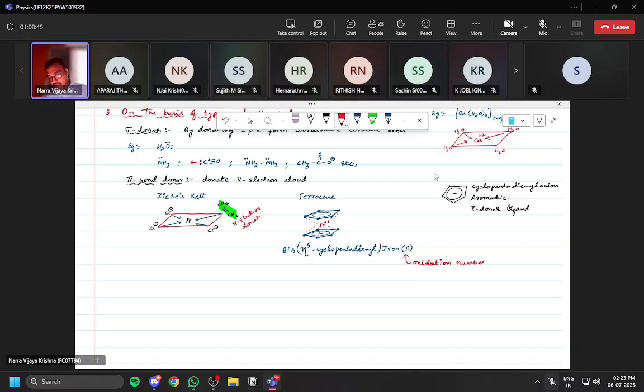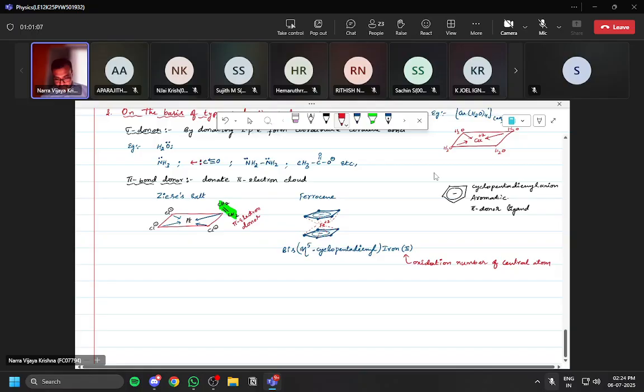That means the next topic is IUPAC nomenclature. That's why I'm giving that bridge gap, right? IUPAC nomenclature we have to see next. So the oxidation number of the central atom or ion is written in brackets in Roman numerals, right?